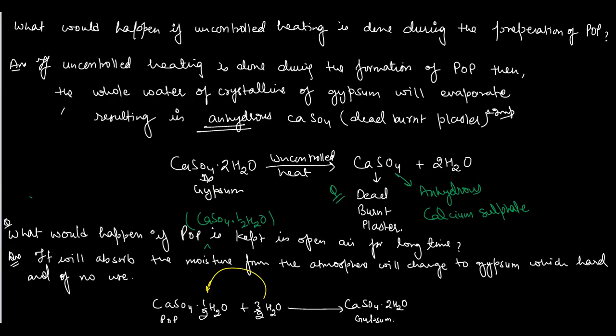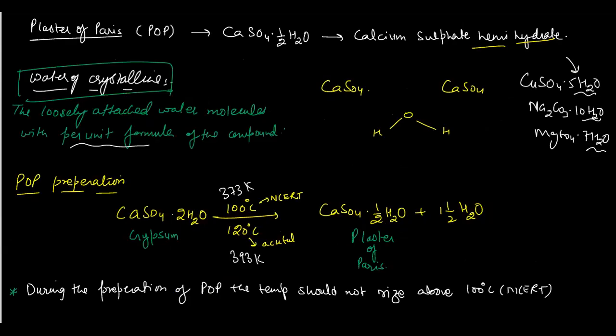Okay, beta, let me explain one more time. When we have CaSO4 dot 2H2O, which is gypsum, and we heat it in a controlled way, then only half a water molecule will remain attached to it, and 1 plus 1/2, that is one and a half water molecules, will be removed.